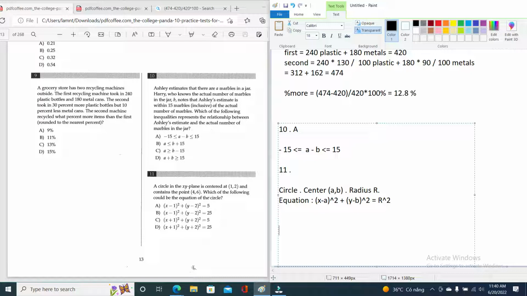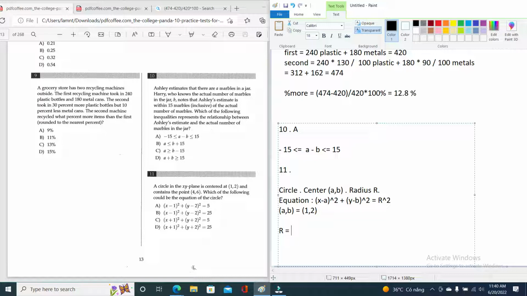So we know the center is (1, 2), so (a, b) is actually equal to (1, 2). Now, in order to find the equation of the circle, we have to find the radius. But we know the radius is just the distance between the center and a random point on the circle.